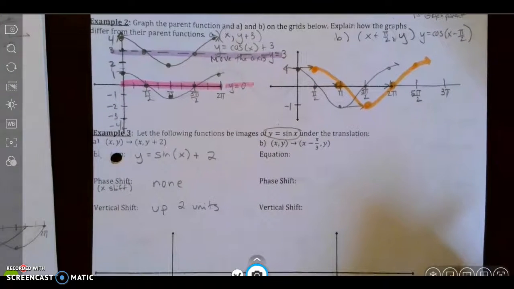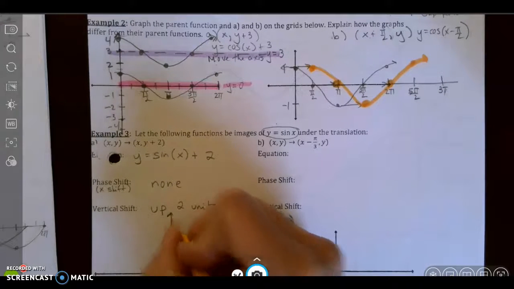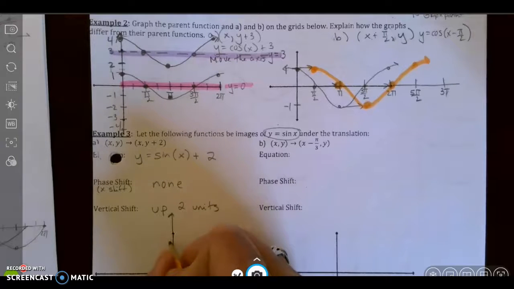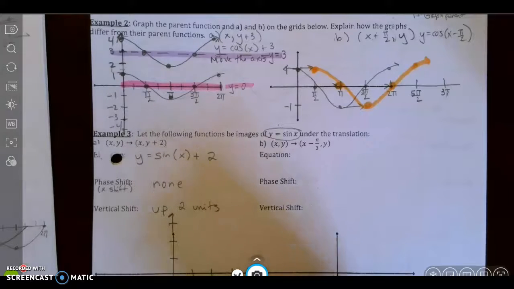And so I'm going to start off by graphing my original. Extend this. And this can be my pi, 2 pi, pi over 2, and 3 pi over 2.